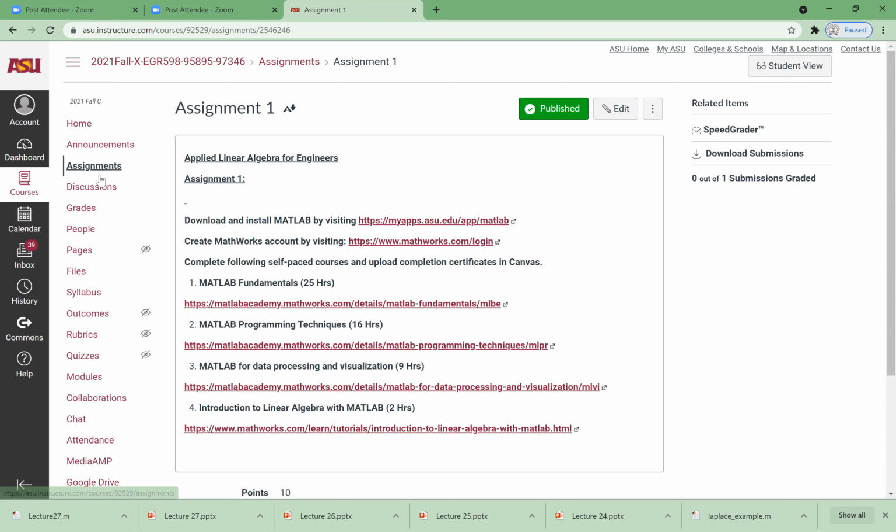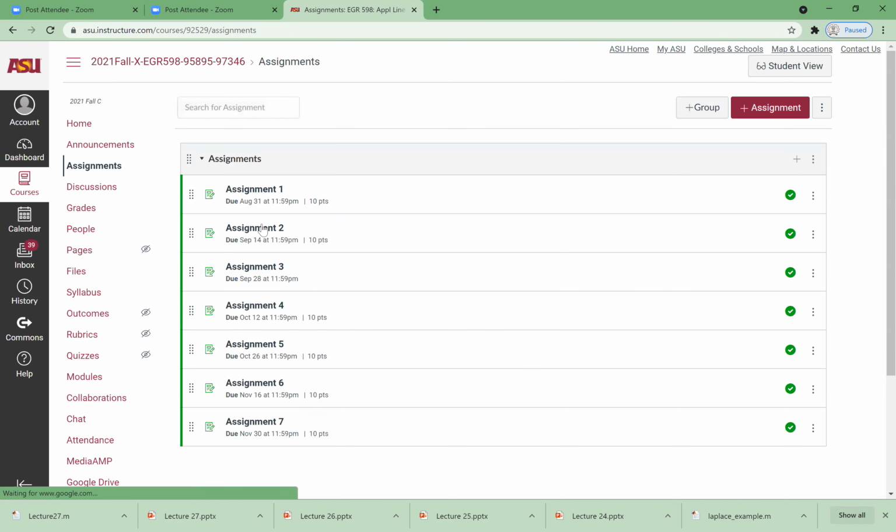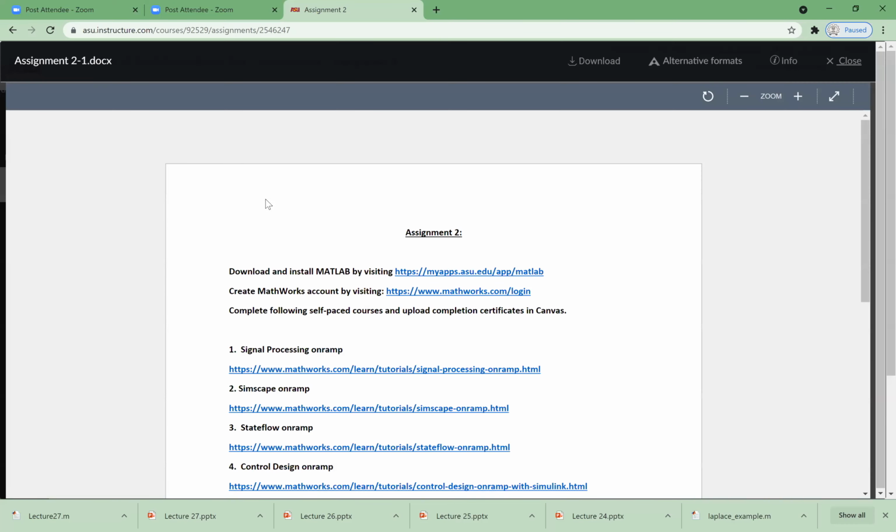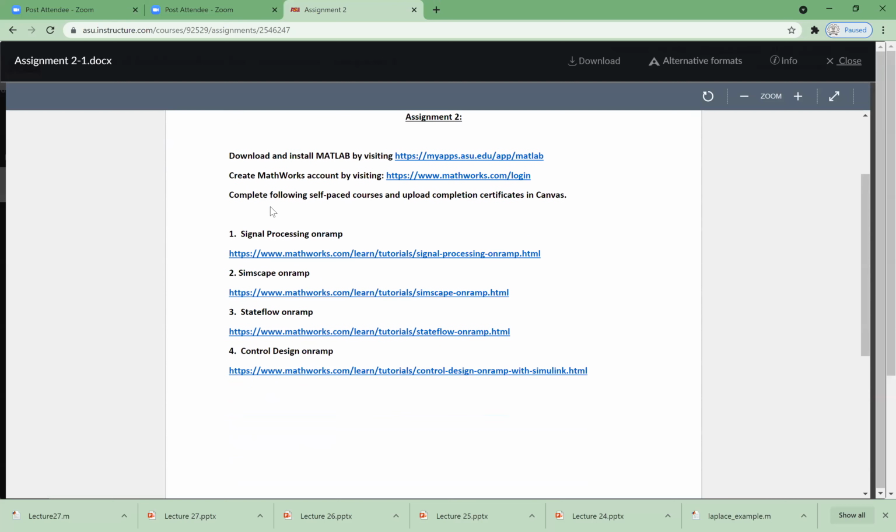And let me talk about the second assignment. So first assignment is super simple. From second assignment onwards, things are going to be a little bit challenging. So in the second assignment, again, what I'm asking you to do is, now you will have to do the on-ramp for the signal processing, Simscape, Stateflow, and control design.